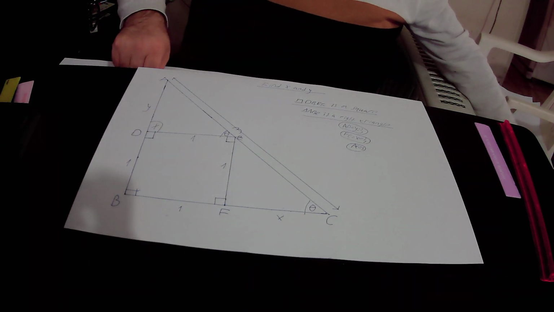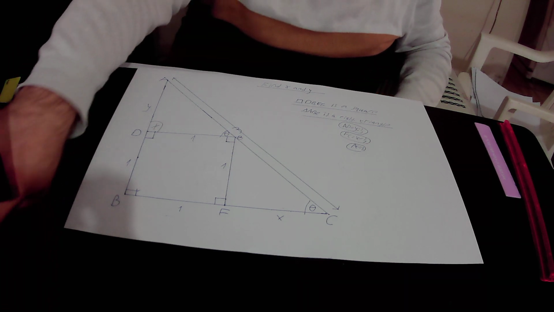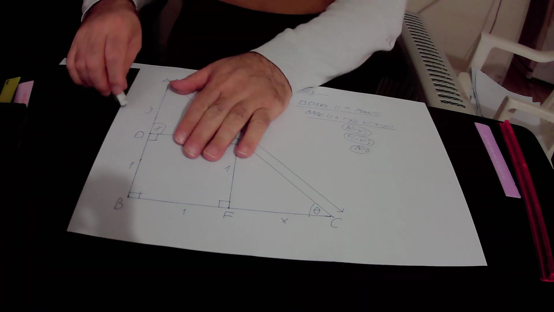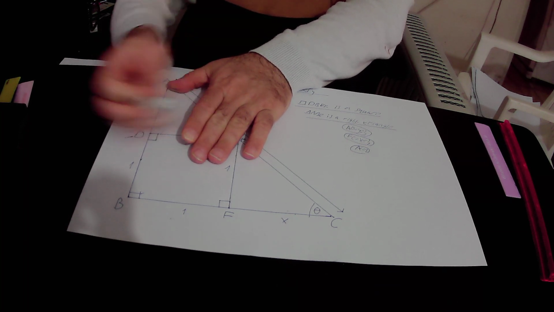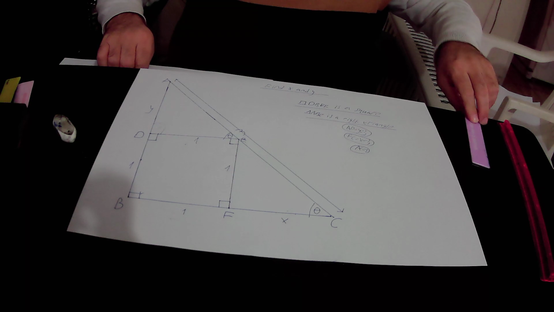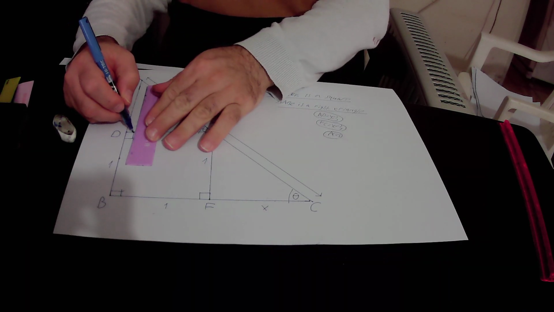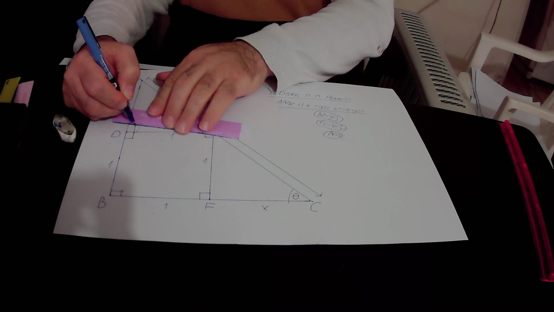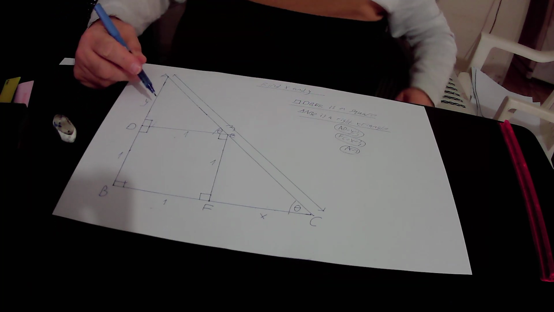So I will substitute angle X by a right angle. Therefore, triangle ADE is a right triangle.